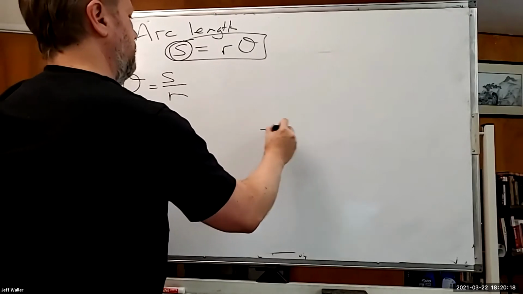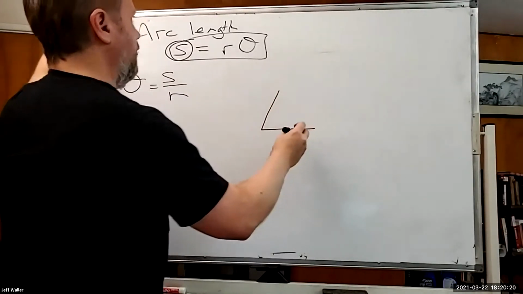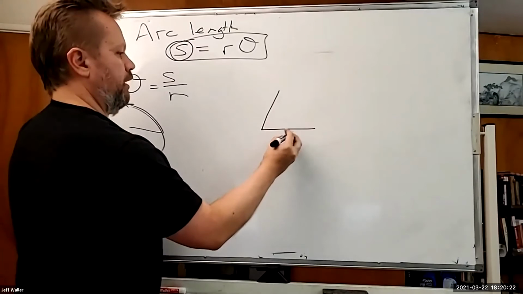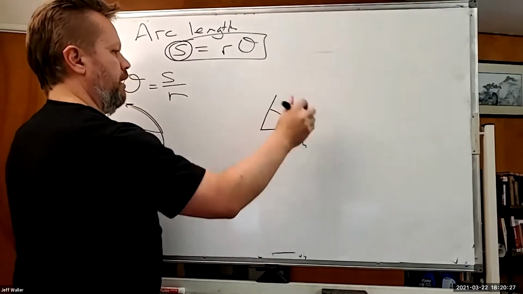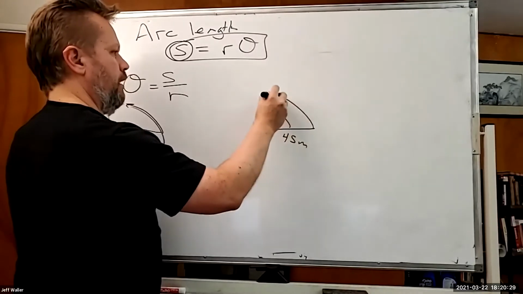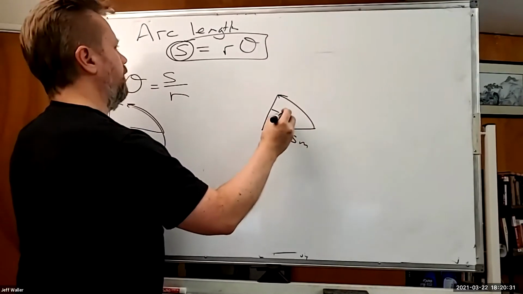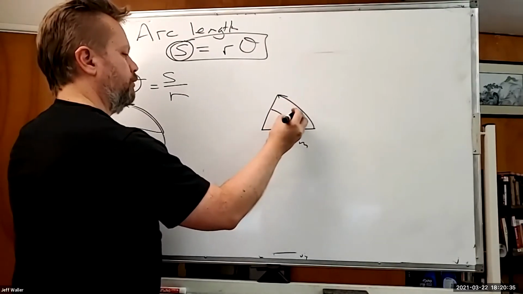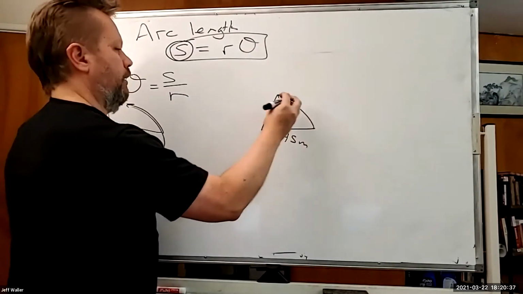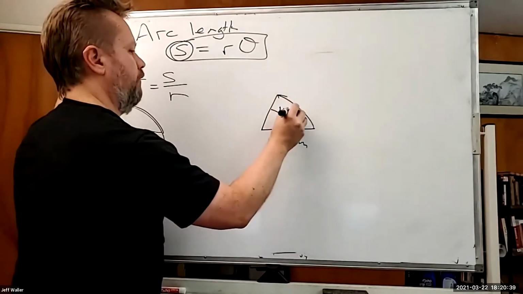So let's say the radius is 45 meters, and I walk through an angle of, what do you got, Jeff? You can do it, buddy. Yeah, let's do 1.05 radians.